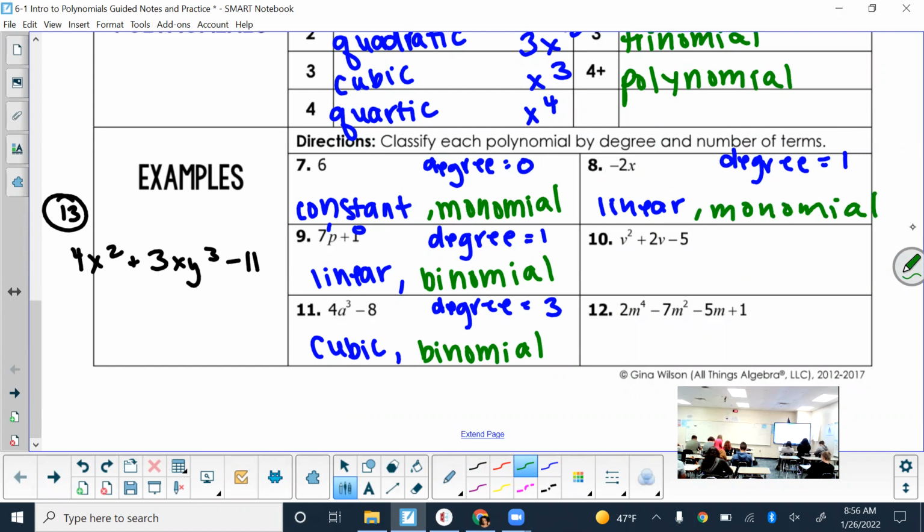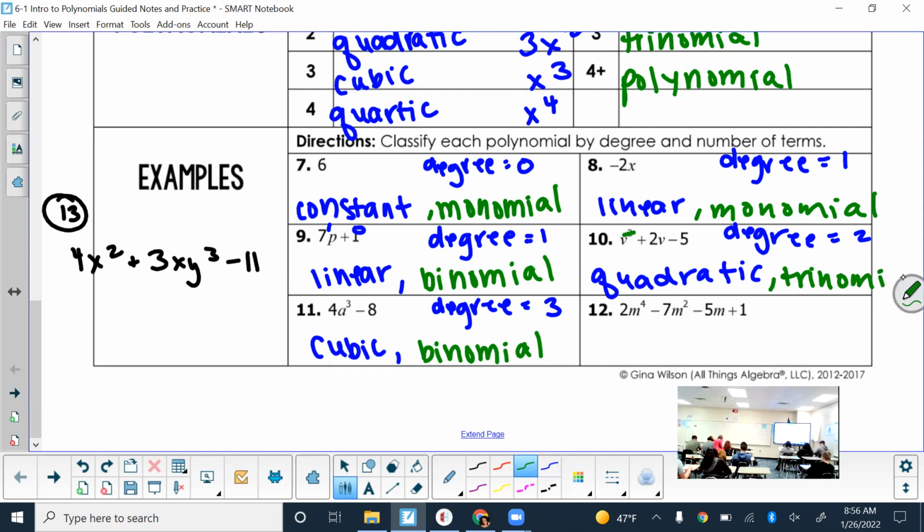All right, what's the overall degree of number 10? Good. Which makes this quadratic. You guys don't know what that is yet really, but we'll do a lot with that towards the end of the semester. And how many terms is this? Trinomial, good. All right, last one in this set.